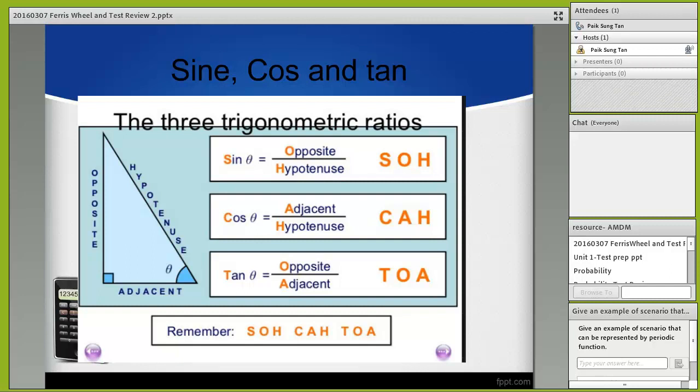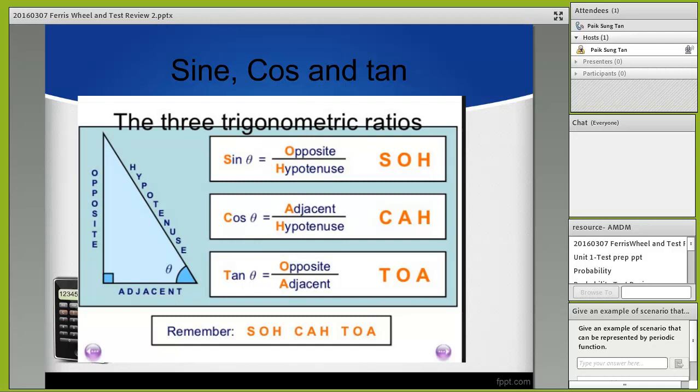Now we will move on to the next part. The 3 basic trigonometry ratios are sine, cosine, and tangent. Sine of theta, which is the angle, is a ratio: the opposite side of the right triangle to the hypotenuse. Cosine of the angle is the adjacent side, right next to it, to the hypotenuse of the right triangle.